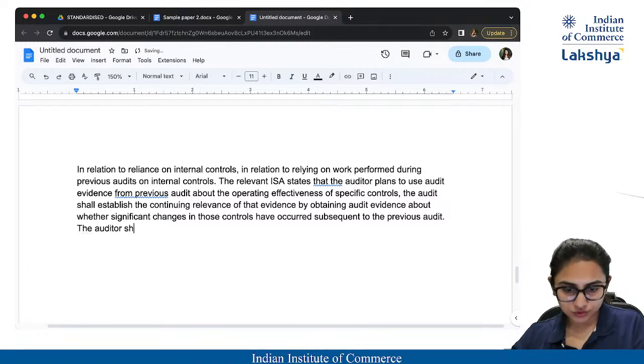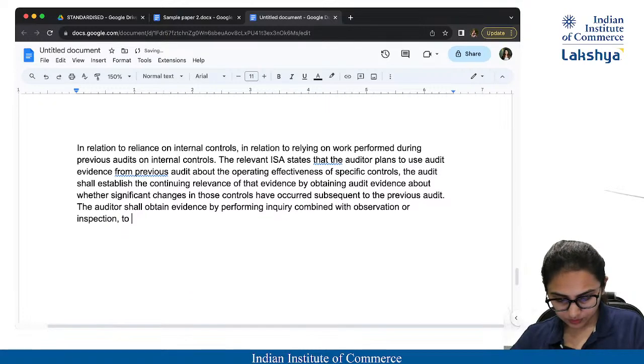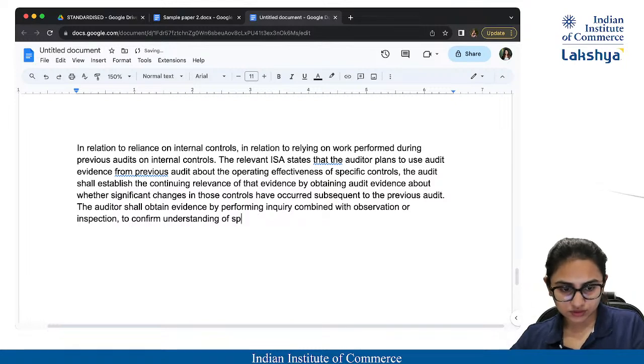The auditor shall obtain this evidence by performing inquiry combined with observation or inspection to confirm understanding of specific controls.